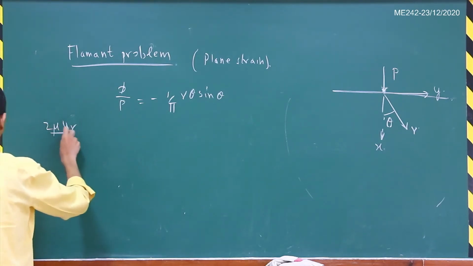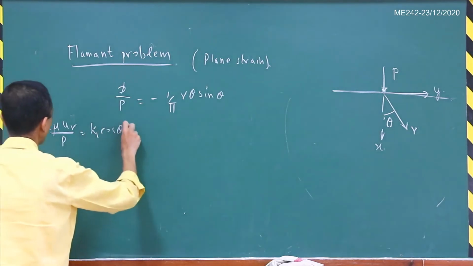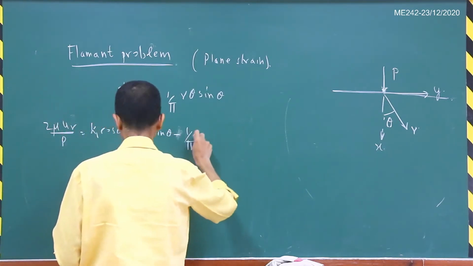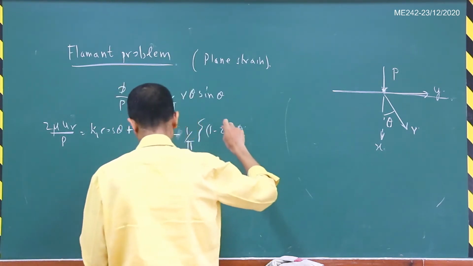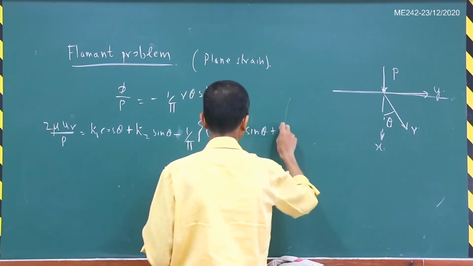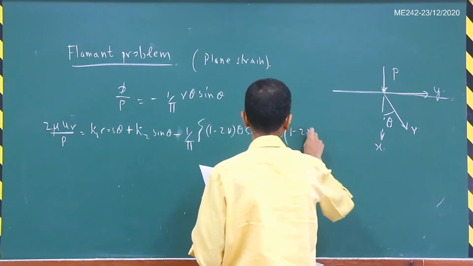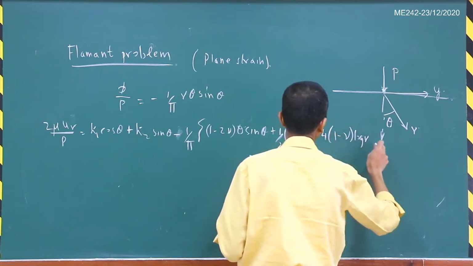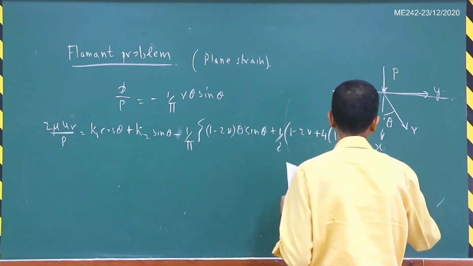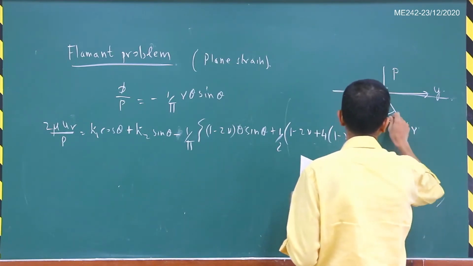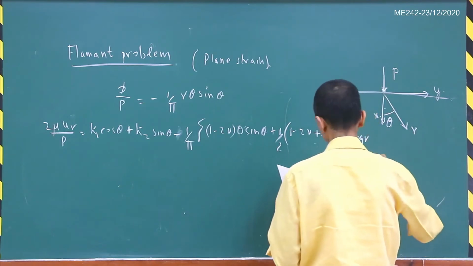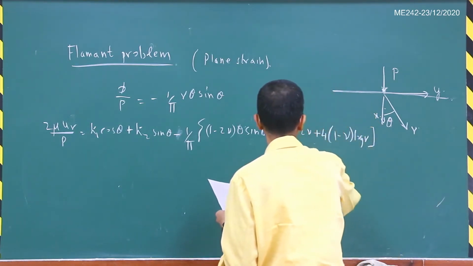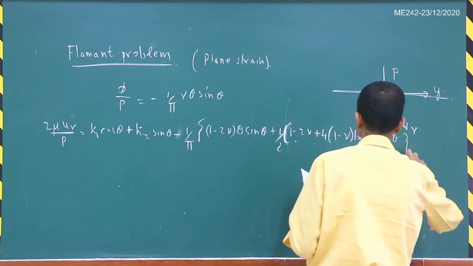So 2 mu u_r by P is equal to k1 cos theta plus k2 sine theta plus minus 1 by pi times (1 minus 2 nu) times theta times sine theta, plus (1 minus 2 nu plus 4 times (1 minus nu) times log r) times cos theta.